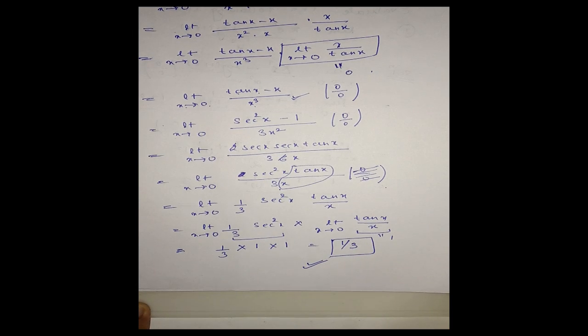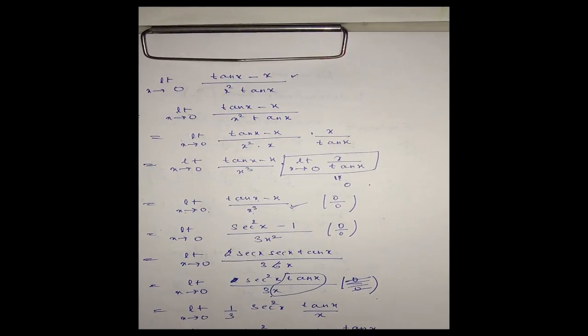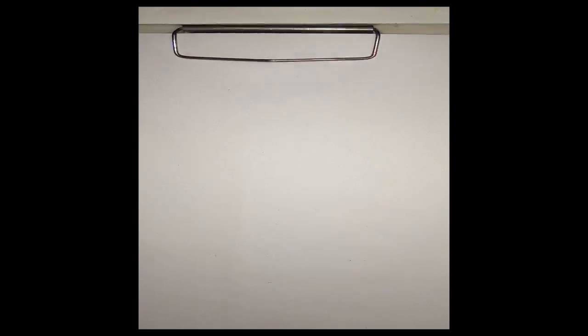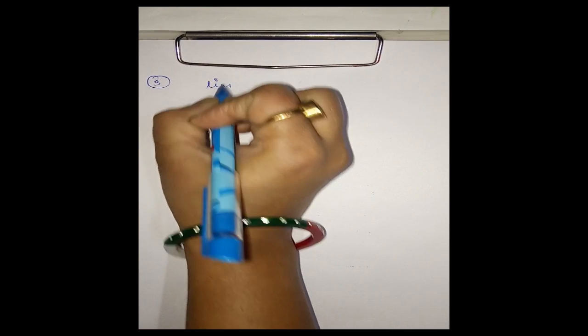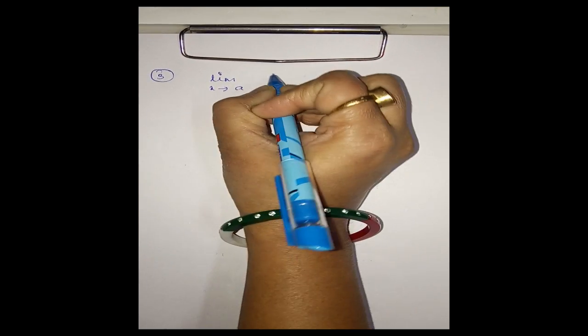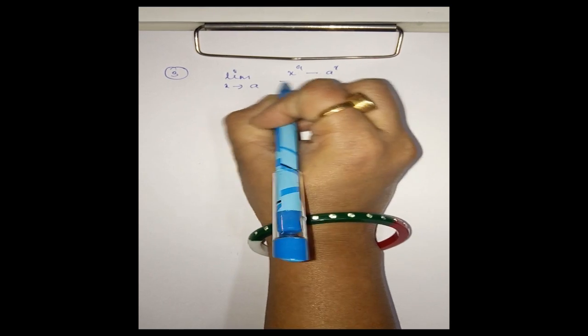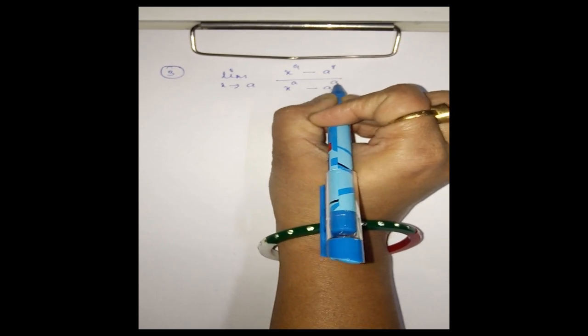Clear? Now we come to the next problem. Now third, we have this limit: x tending to a, (x power a minus a power x) divided by (x power a minus a power a).